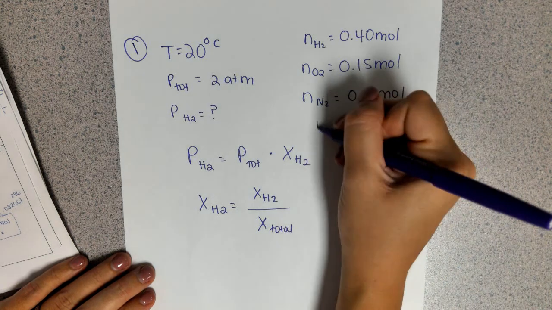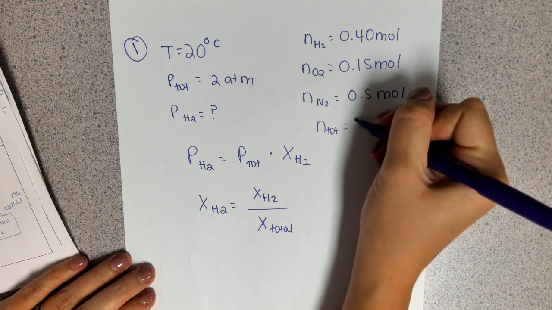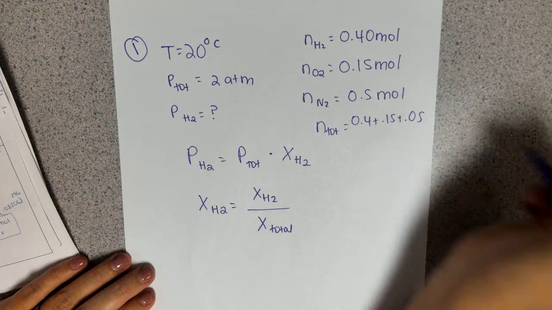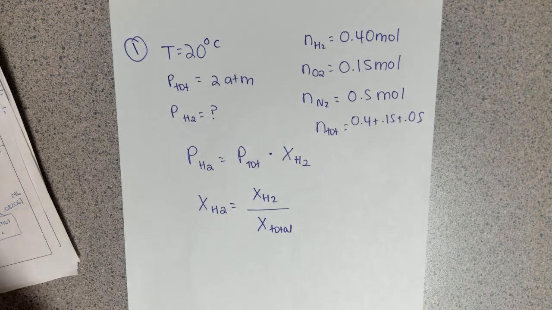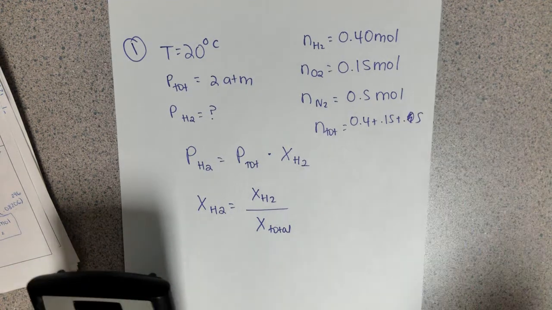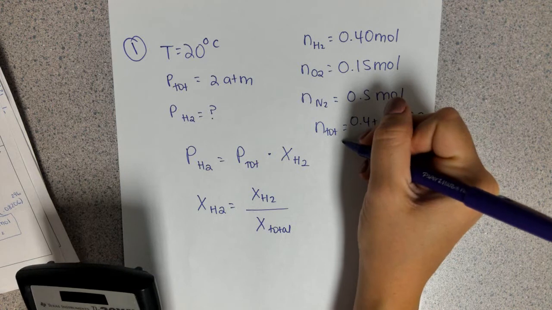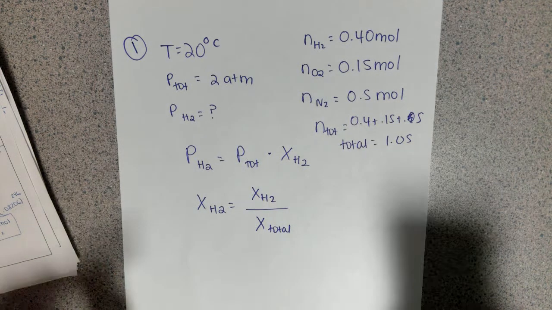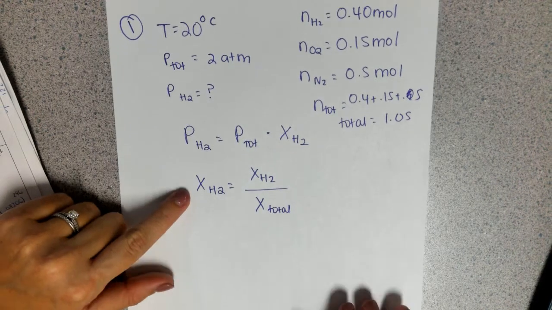So, in total, our total moles, you just add them up, 0.4 plus 0.15 plus 0.5, and that's 0.5, not 0.05. So our total moles is 1.05.